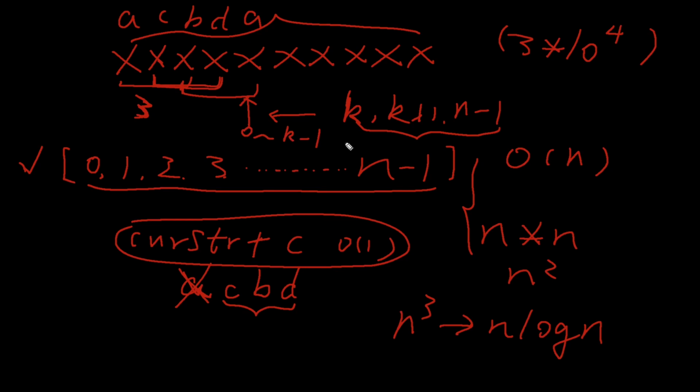Same thing for the other side. Given a k, if we find a size k duplicate substring, then it means that from 0 to k, it's all possible. We can always find that. For example, we have banana, B-A-N-A-N-A, and the answer is k equals 3.